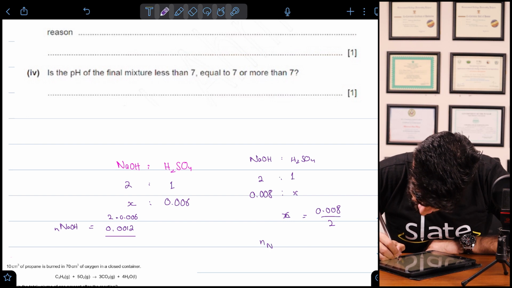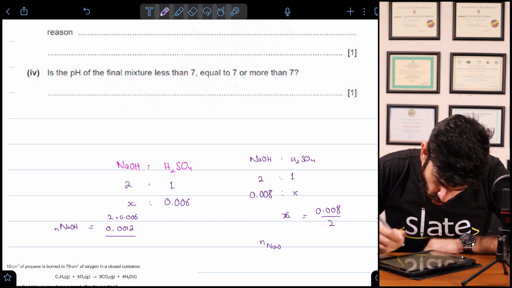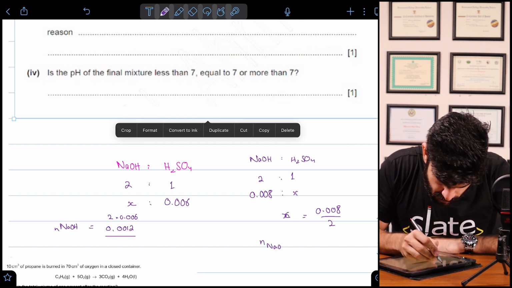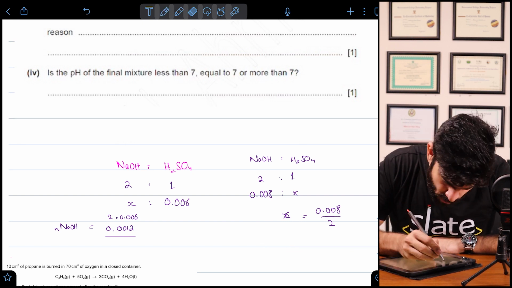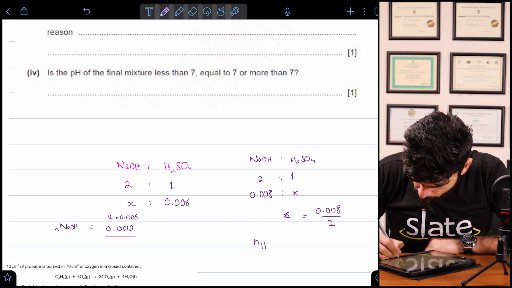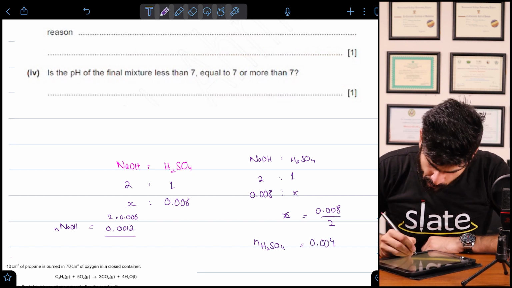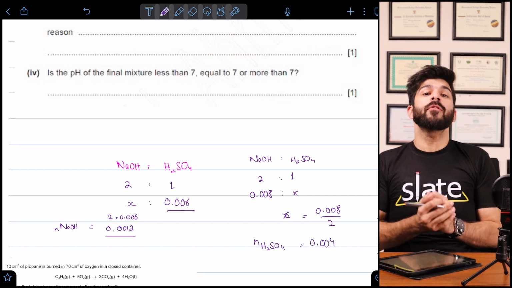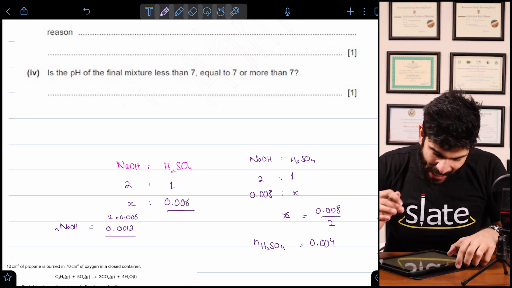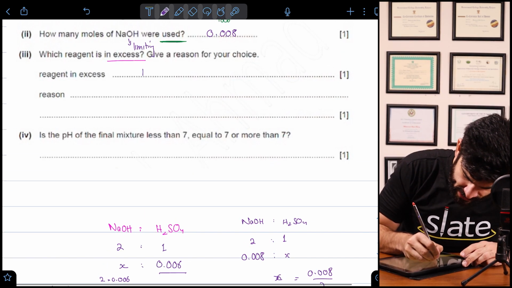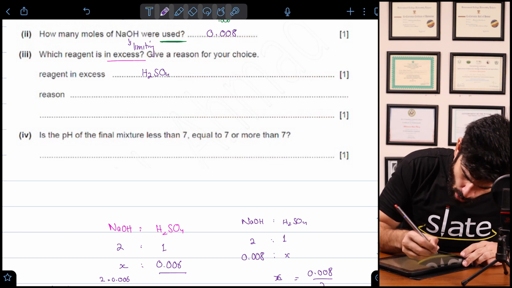So the moles of H2SO4 should have been 0.004, but we had 0.006 moles of sulfuric acid. So that proves the reagent in excess is H2SO4.